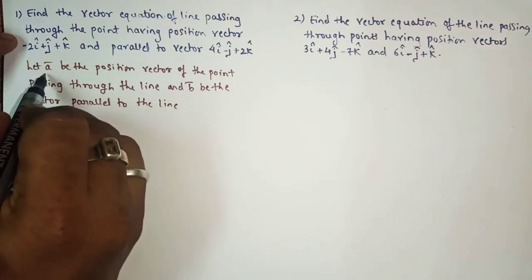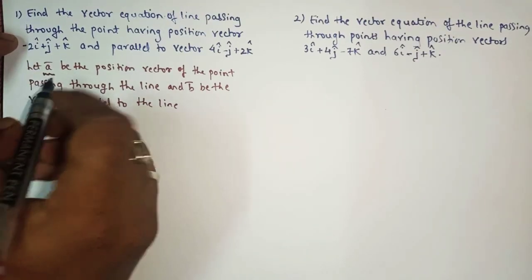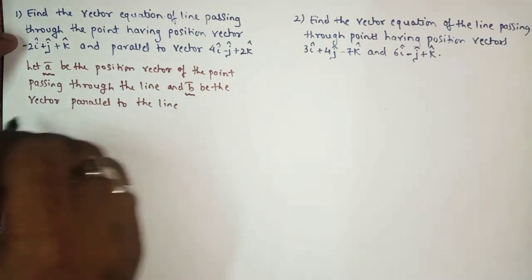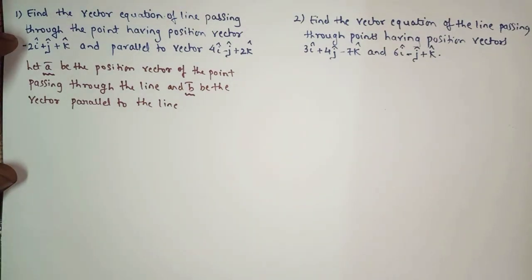So here I wrote a bar be the position vector and b bar be the vector parallel to the line.